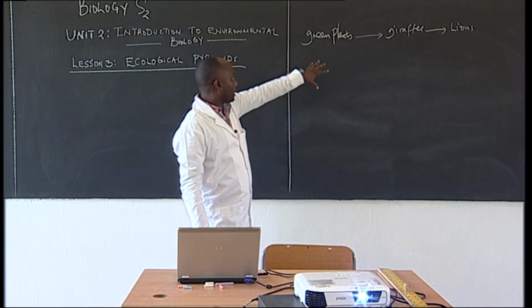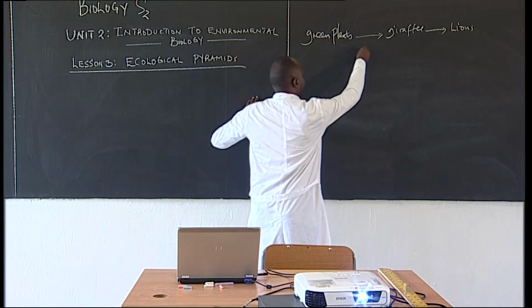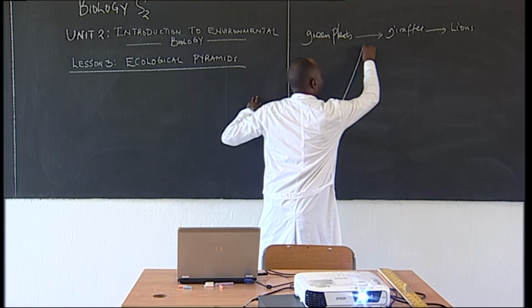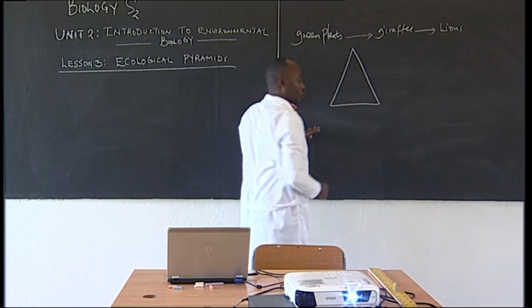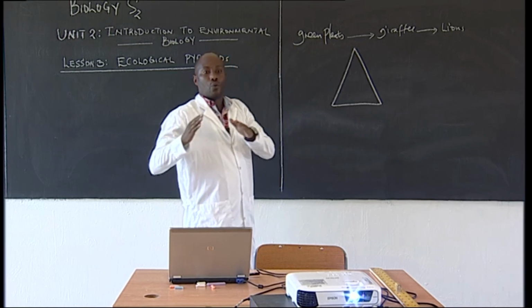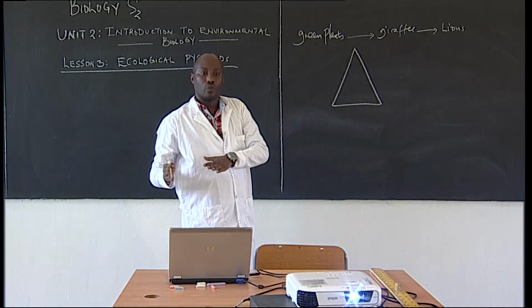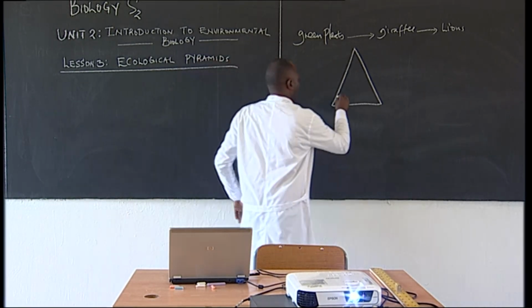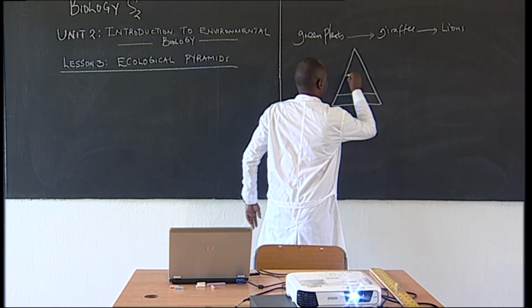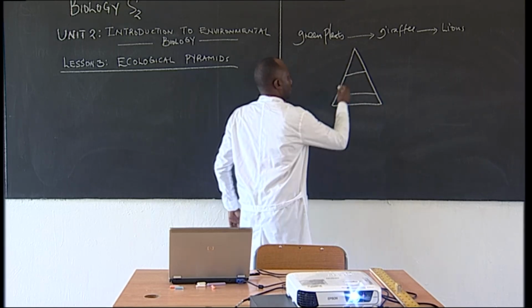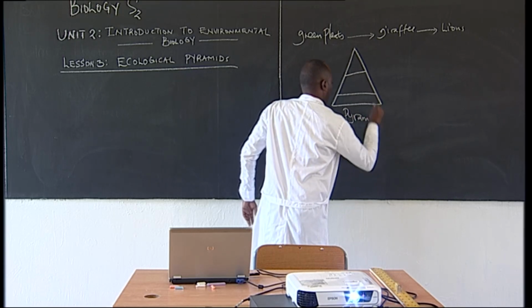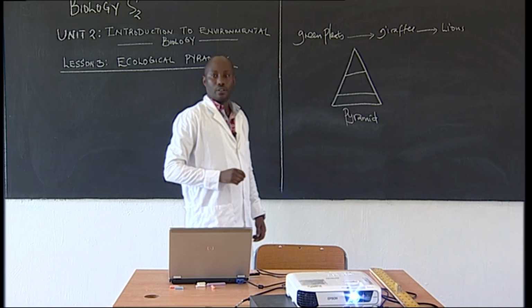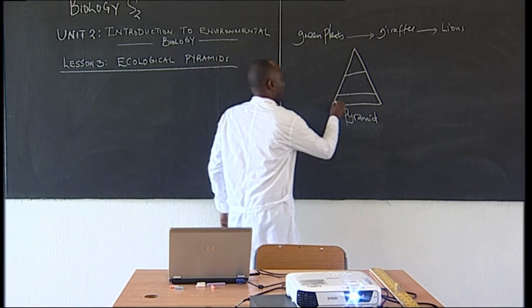We can construct a pyramid of numbers from that diagram. Let me construct an ecological pyramid. At the bottom, we consider there is more energy. If you try to draw it, this is a pyramid. I have green plants.